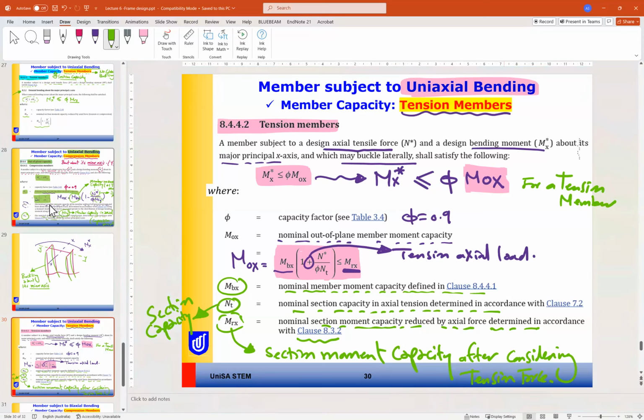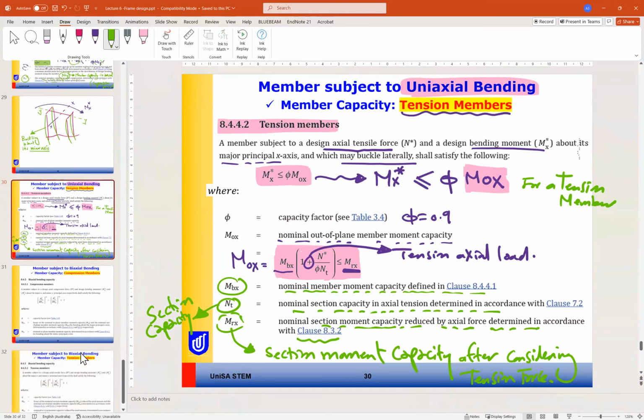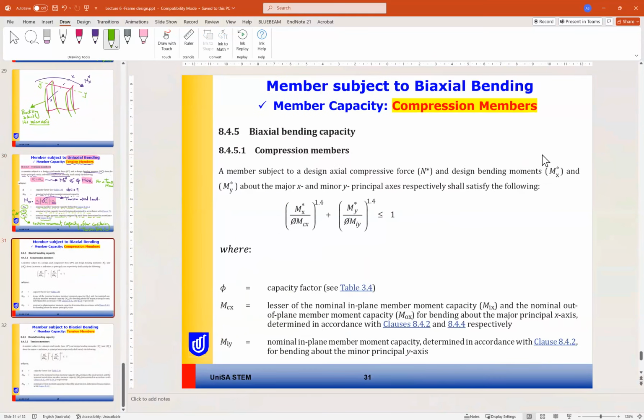Okay, so this is another case for uniaxial bending. Now the last two cases are if we have biaxial bending for a compression member and for a tension member. So for biaxial bending, what does this mean?